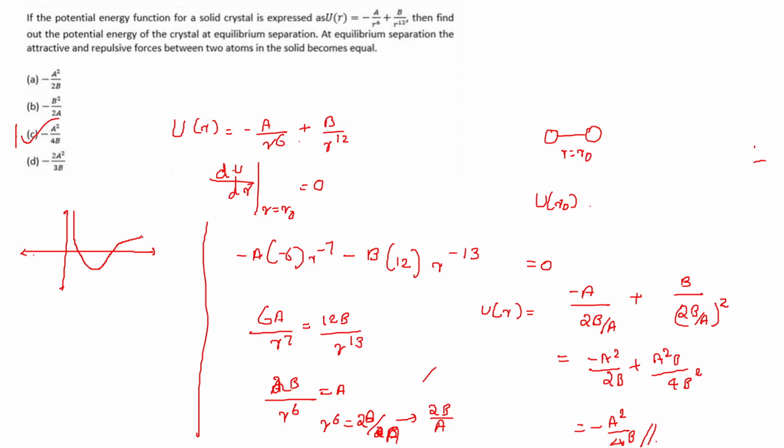So here it will go like this, where r is equal to r0. For the equilibrium condition, you have to take the derivative with respect to r, then equate it at r0, and then you will get the equilibrium. So please go through the problem.